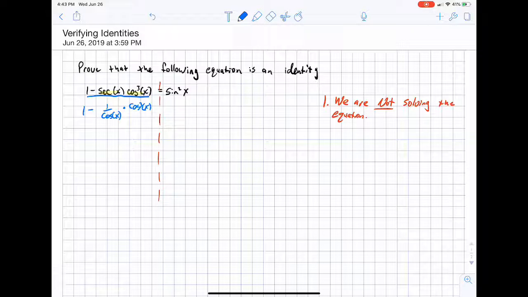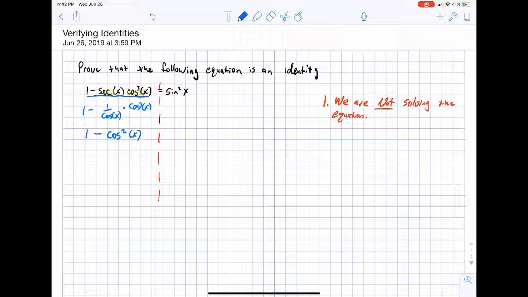Now in doing that, I end up with a cosine in the denominator and a cosine cubed in the numerator. I can actually divide out a cosine x from both of those. And so I end up with 1 minus the cosine squared of x.